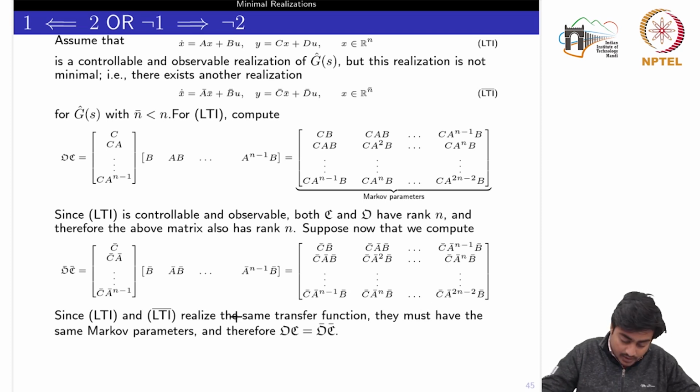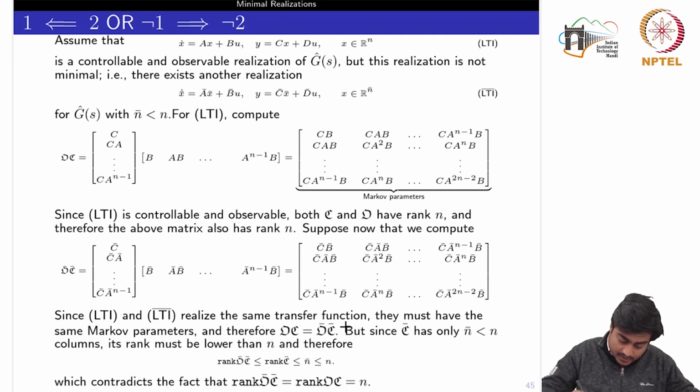This was one of the theorems we studied in the first week. So they must have the same Markov parameters, and therefore both these matrices would be equal. If these two matrices are equal, then their ranks would also be equal.